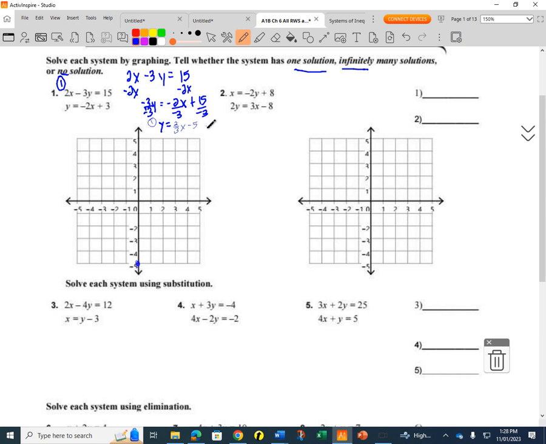Now we have to identify our slope. What's the slope of this line, Tavion? Remember, slope-intercept form is y equals mx plus b. The constant is the y-intercept. That was negative 5.